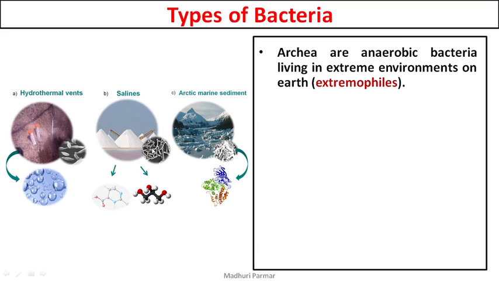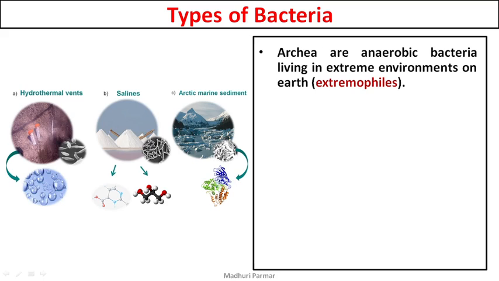Then saline places, as you can see here, where there is a lot of salt, so much salt that normal cells cannot grow. But even so, you will find bacteria there, which are again archaebacteria. You will also find archaebacteria in the Arctic and Antarctic, the poles, which have a very cold climate.